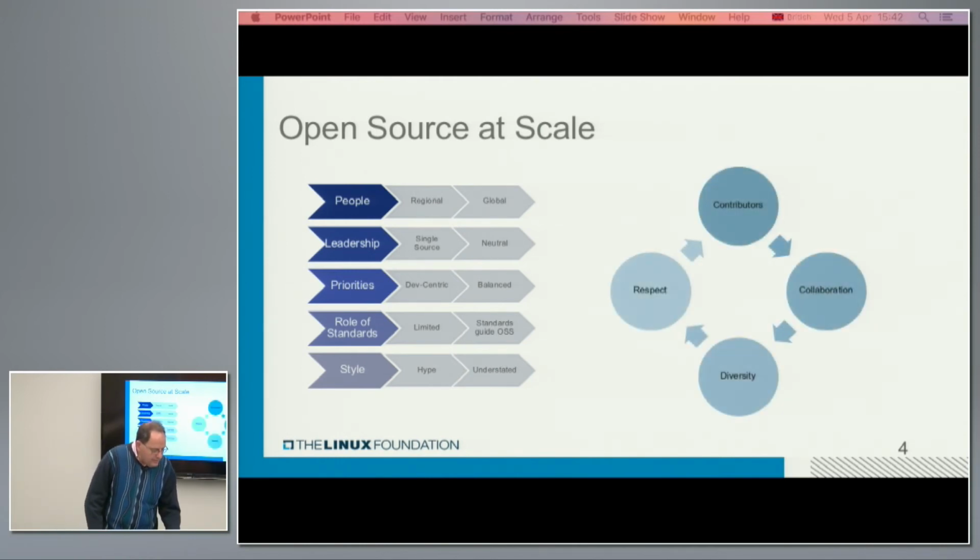So, we look at these projects and they're starting to adopt a cycle of what open source is all about in contemporary networking, and that's going to include a number of contributors from many different organizations, a very collaborative environment, so that not only a single organization is participating, but we have diverse participation on individual projects.